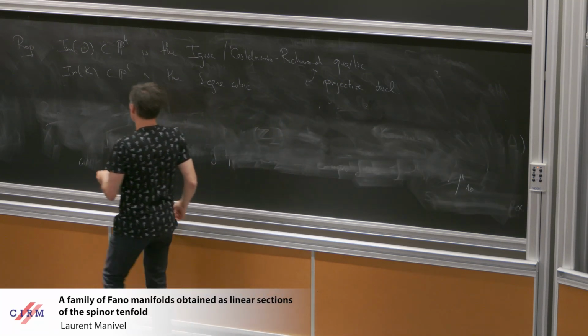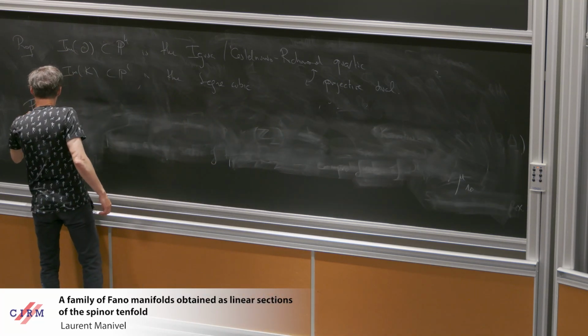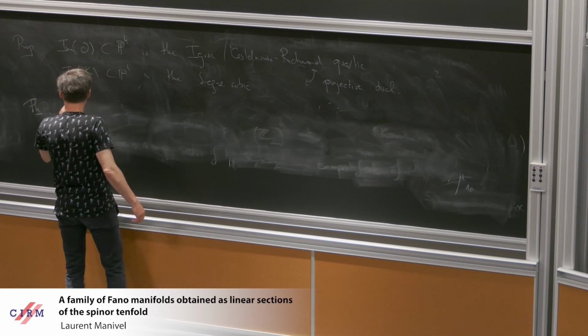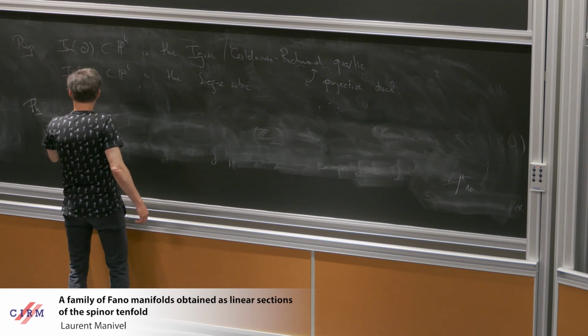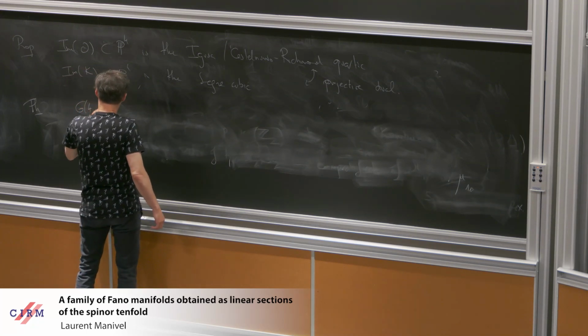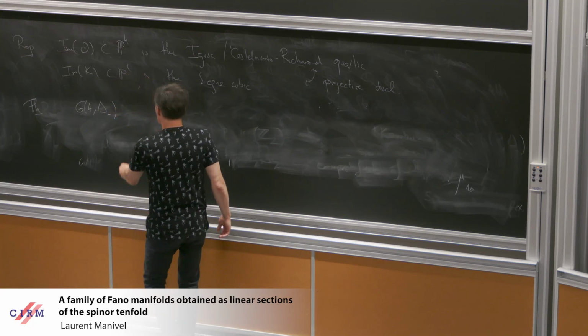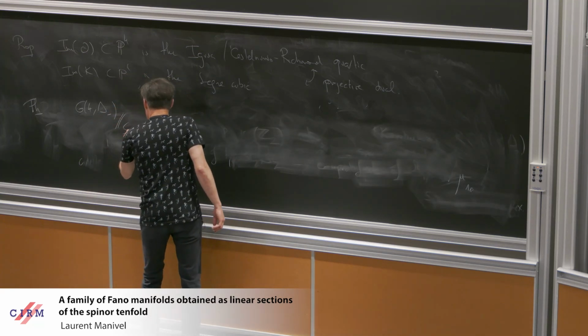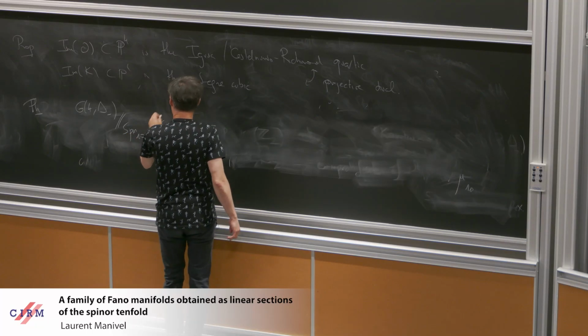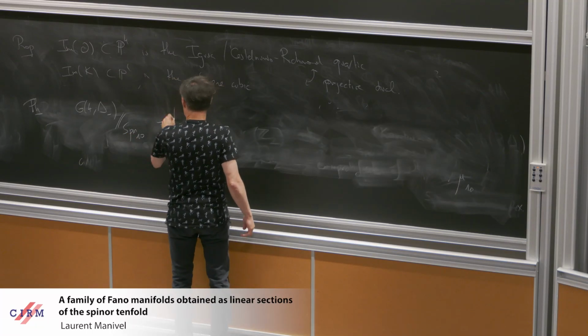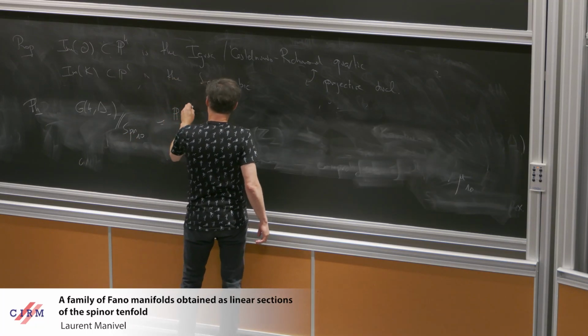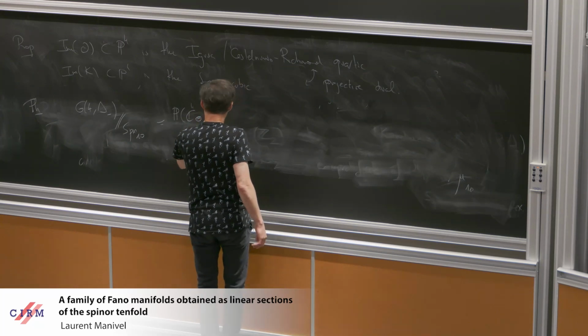And in the end, if I can summarize the result, the GIT moduli space of codimension 4 sections of the spinor, which would be this GIT quotient, is the same as what I get from C4 times delta plus.